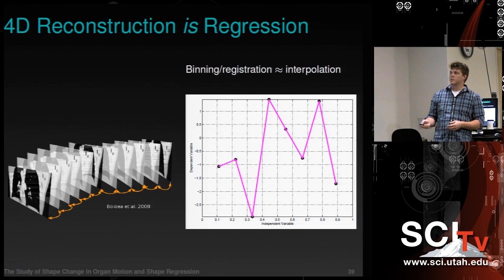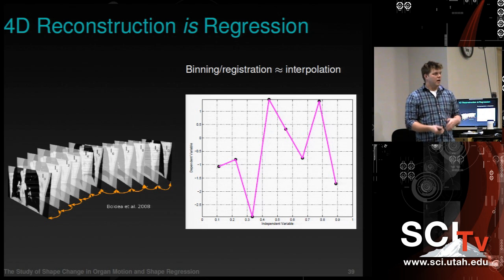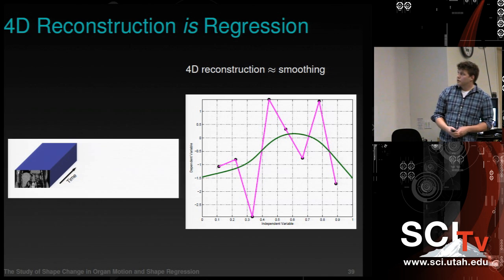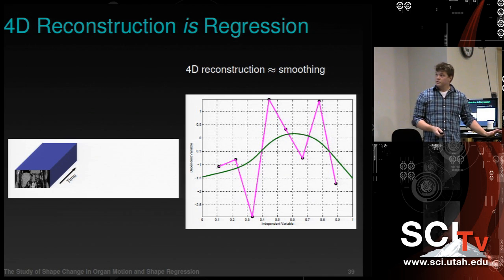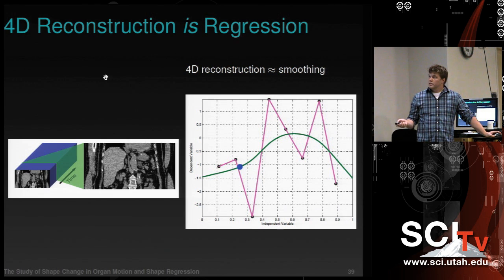So we can really think of this binning plus registration as sort of an interpolation model, whereas our 4D reconstruction is more of a smoothing. So we model some smooth deformation and just fit the data in a least squares sense, so that our motion estimate actually depends on all of the data at all the time points.